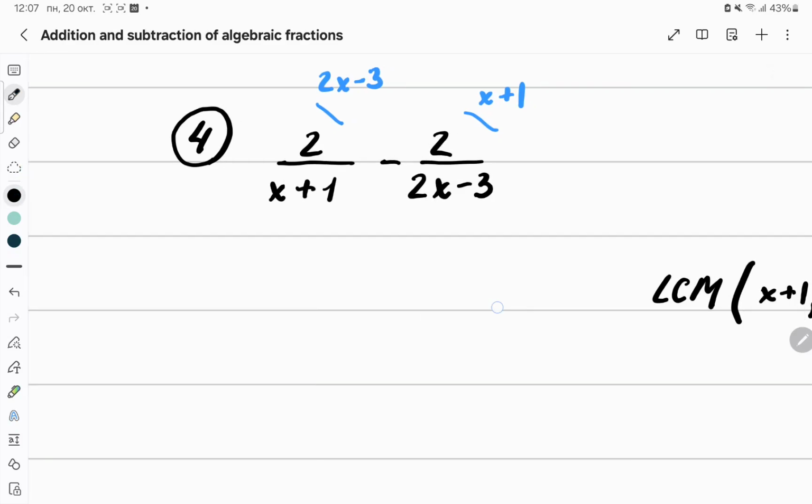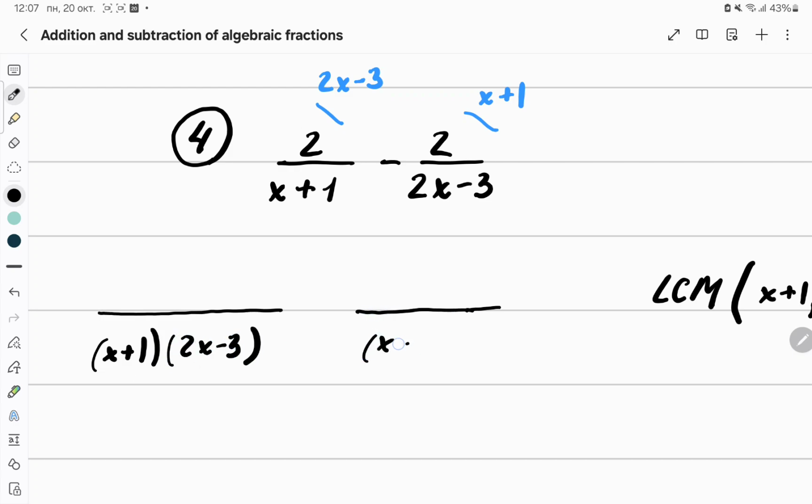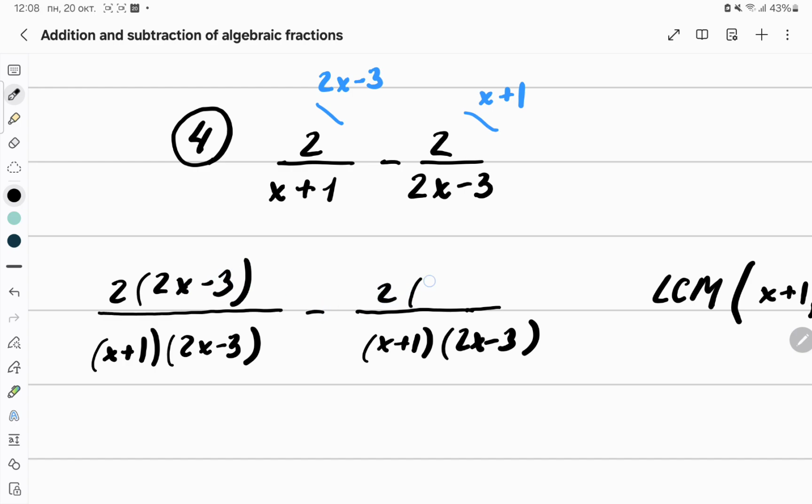So the common denominator, we're going to write it first. I will write in detail to let you make sure that each step is clear. x plus 1, 2x minus 3, and here 2 times 2x minus 3 minus 2 times x plus 1.